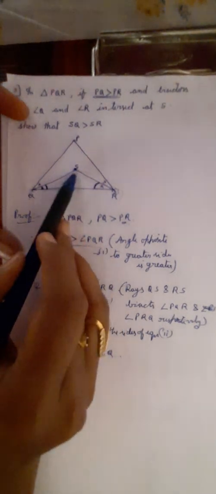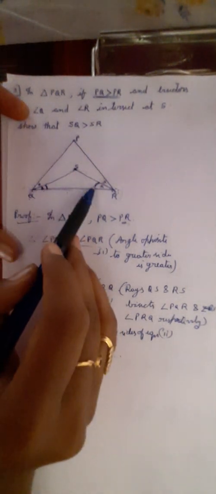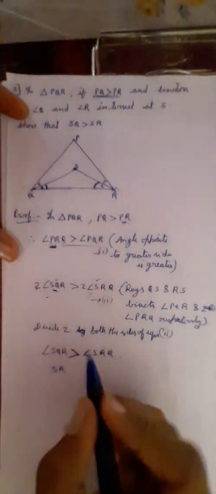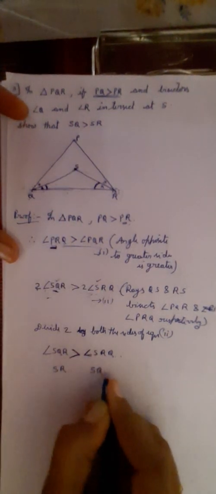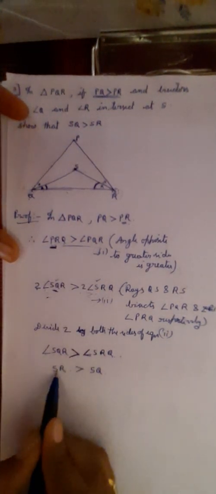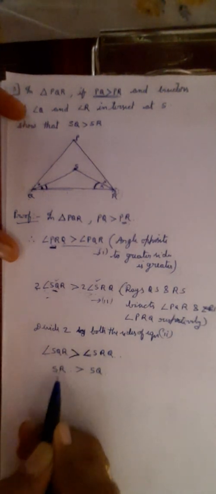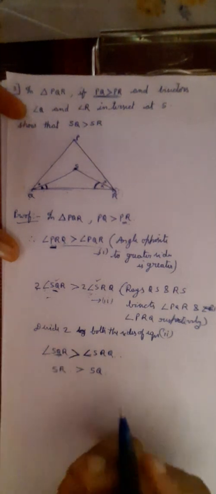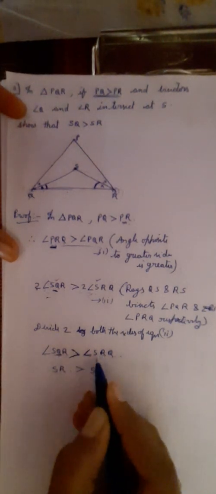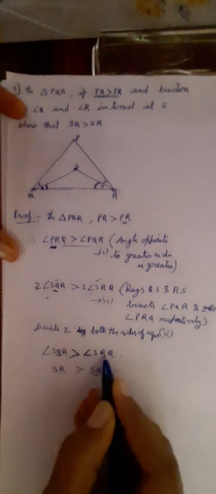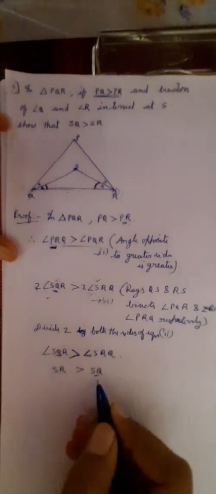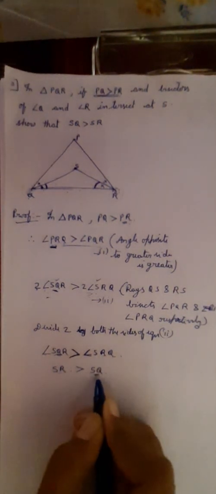So the opposite side of this angle is SQ. So SQ is smaller. SR is greater because SR is the opposite side of angle SQR, and SQ is the opposite side of angle SRQ. That's why this is smaller.